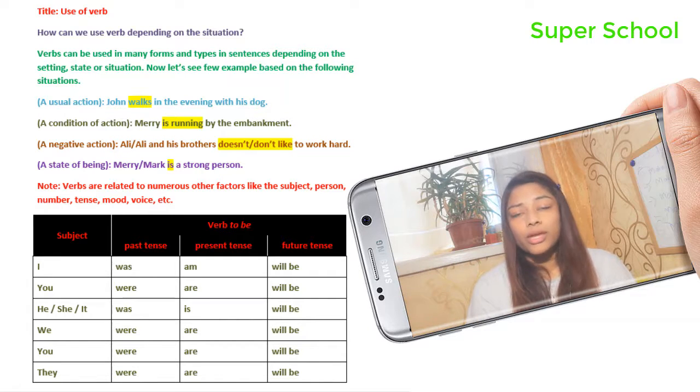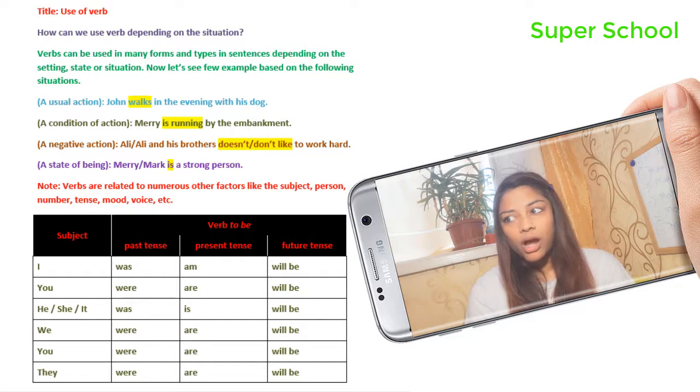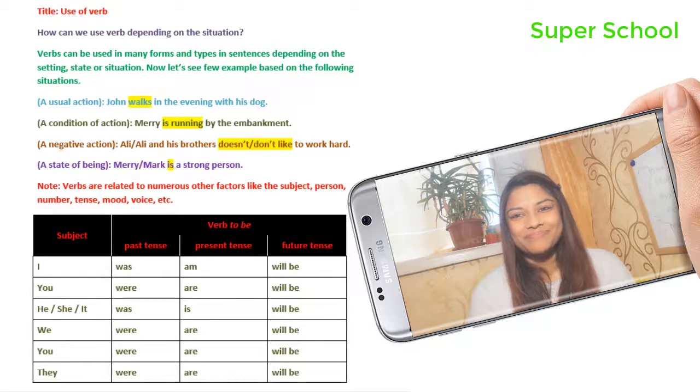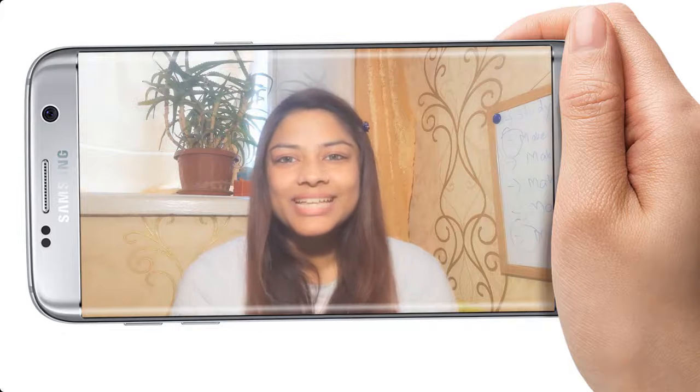So you were, you are, you will be. He, she, it was, is, or will be. We were, we are, we will be. You were, you are, you will be. They were, they are, they will be. So it's as simple as that.